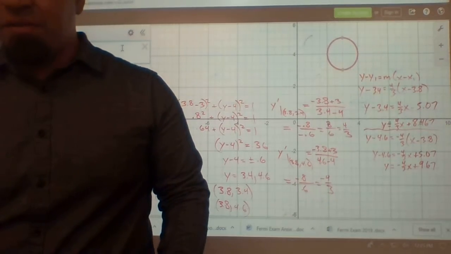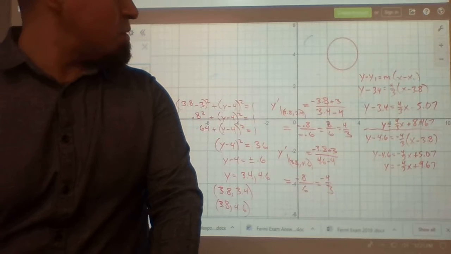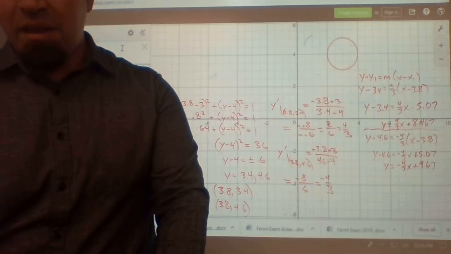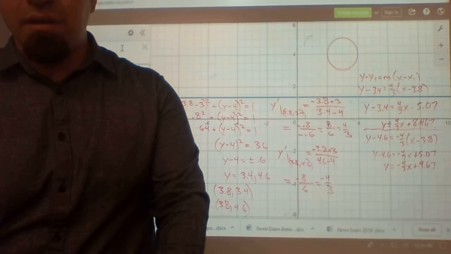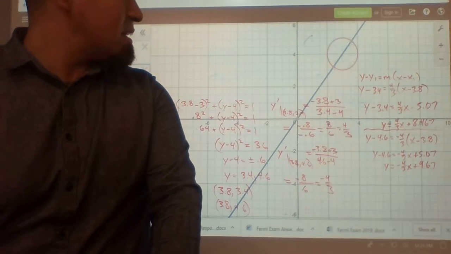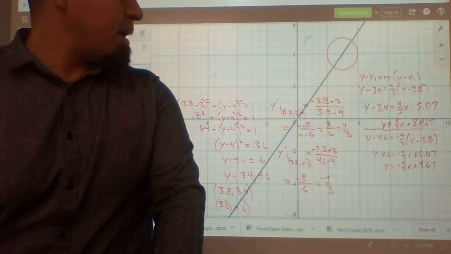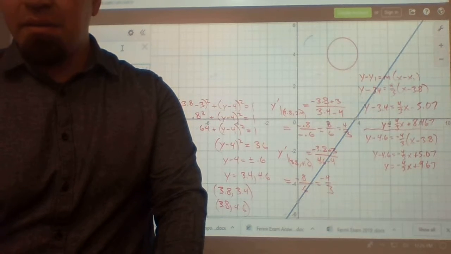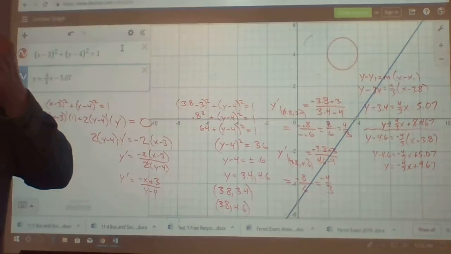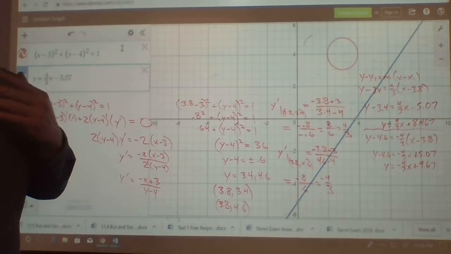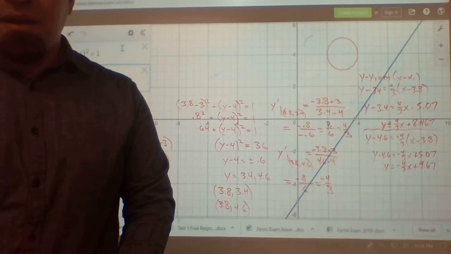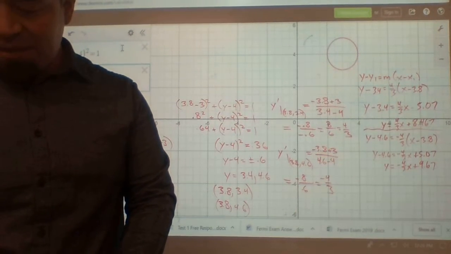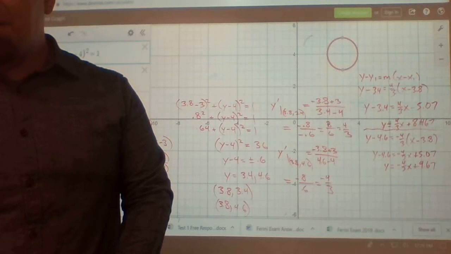But now what did we do? Right, we found these two equations, so I'm going to write them up. y equals 4/3 x minus 5.07. Okay, let me check something here. No, we didn't get 5.07. We got 8.467.